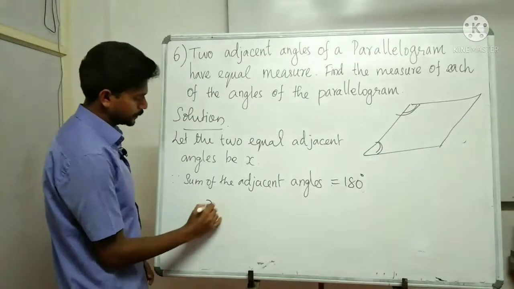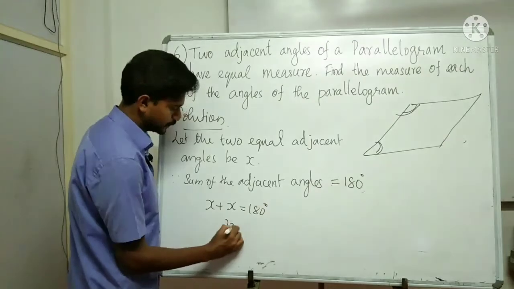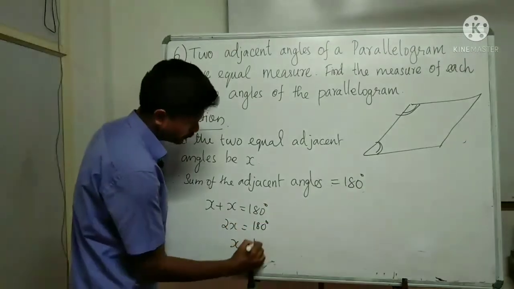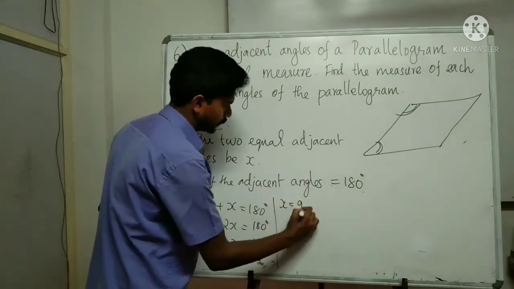So we can write x plus x is equal to 180 degrees. So 2x is equal to 180 degrees, x is equal to 180 by 2. So x is equal to 90 degrees.